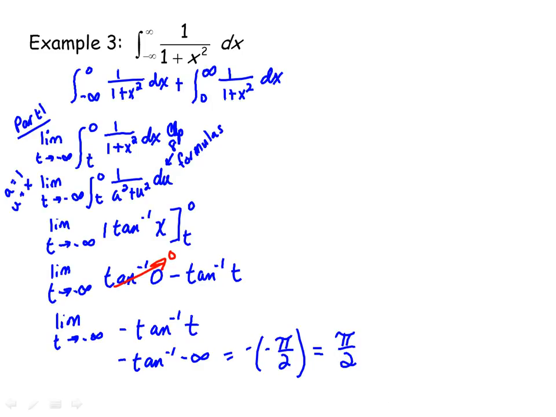Since we get an answer for the first part, we're going to have to do the second part. So let's do part 2. This won't take long at all. We're going to add this integral, and this time we're going to go from 0, so let's apply the limit.